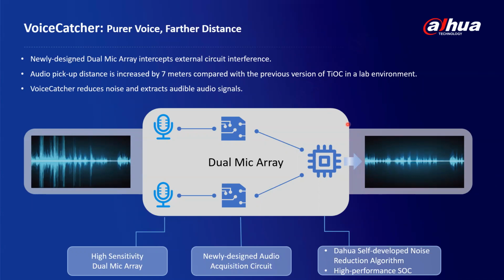So when we began, we said that this camera has a dual mic in it. The purpose of having this dual mic is to ensure that it can intercept external circuit interferences between the different audios or voice captures from different sections of where the camera is.